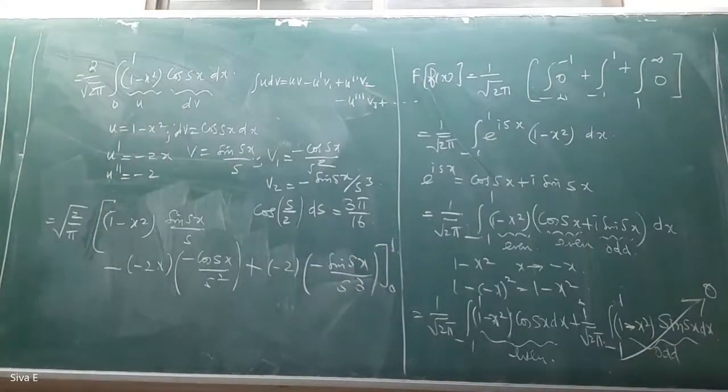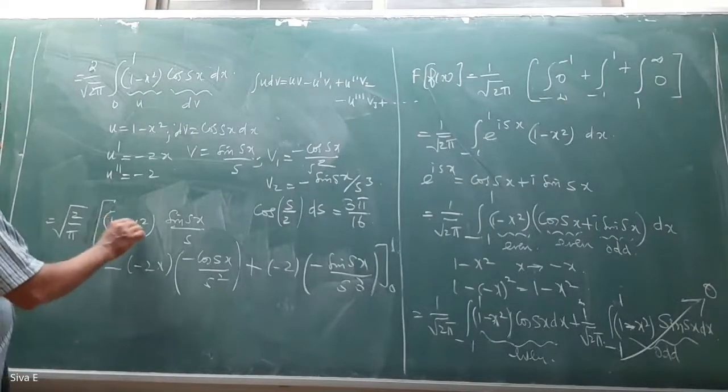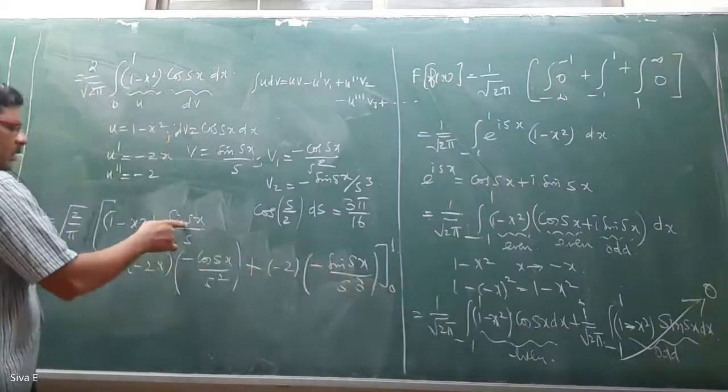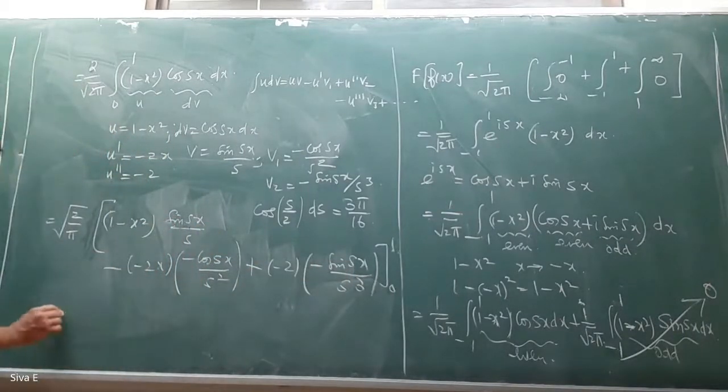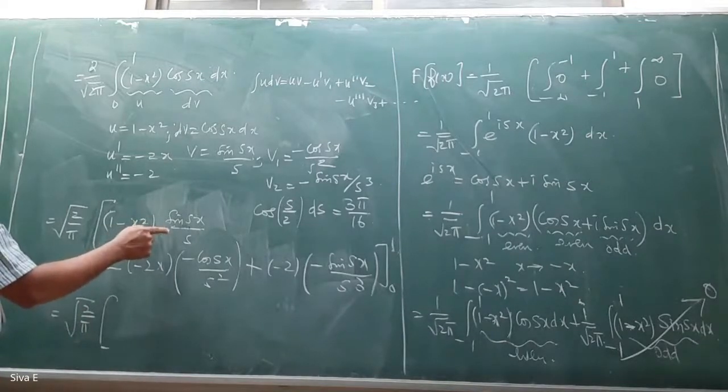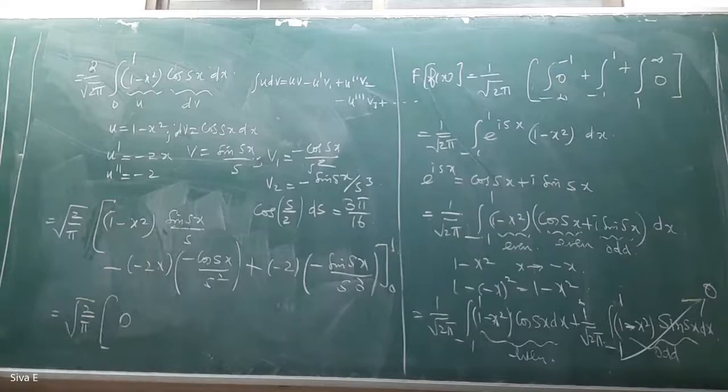See, in 0 to 1, if you substitute 1 here, 1 minus 1 is 0. If you substitute 0 here, this term is 0. Therefore, root 2 by pi, both upper limit and lower limit are 0 for this term.